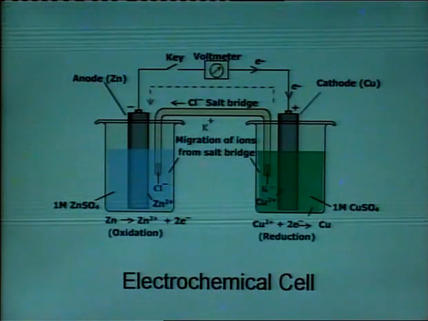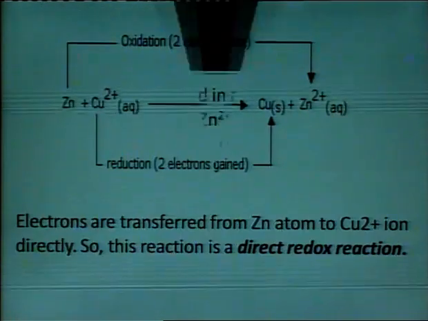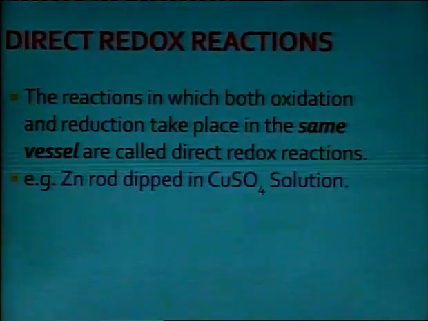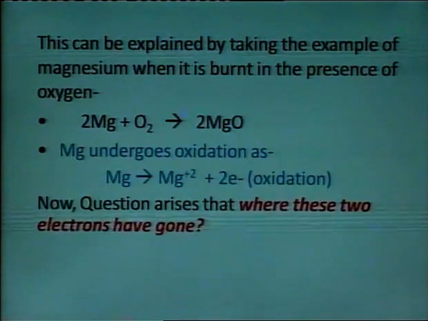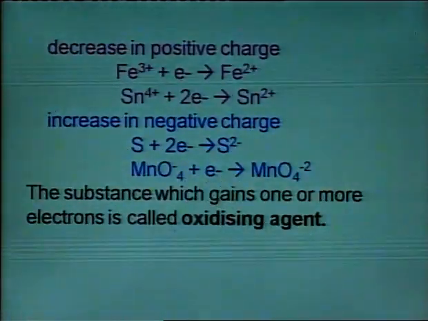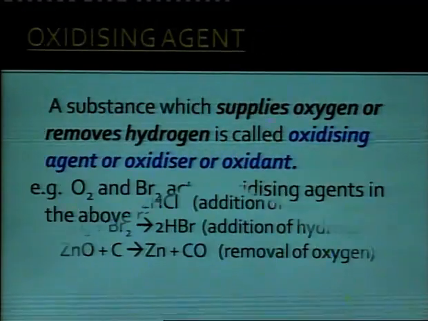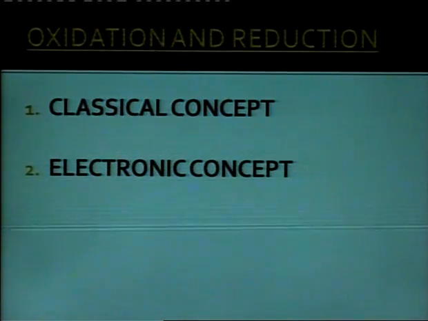So, this is all about my lecture. Now, let us revise what we have done in this presentation. First of all, we studied two concepts of oxidation and reduction, that is classical and electronic concept.